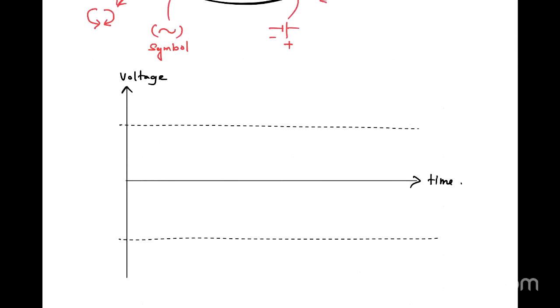For the DC current, it will be just one direction. So this is going to be the DC.